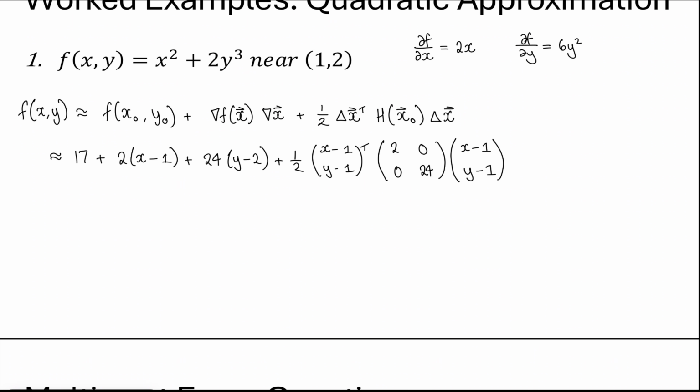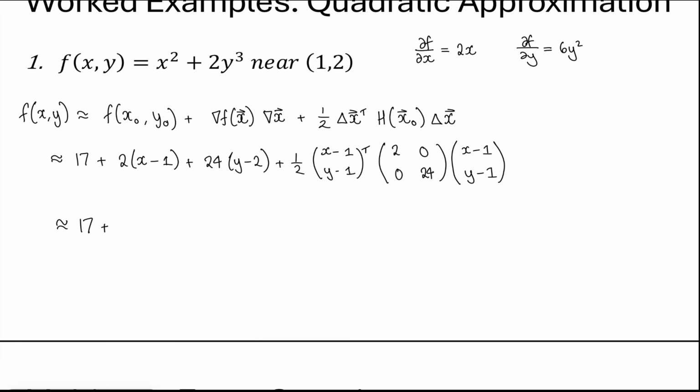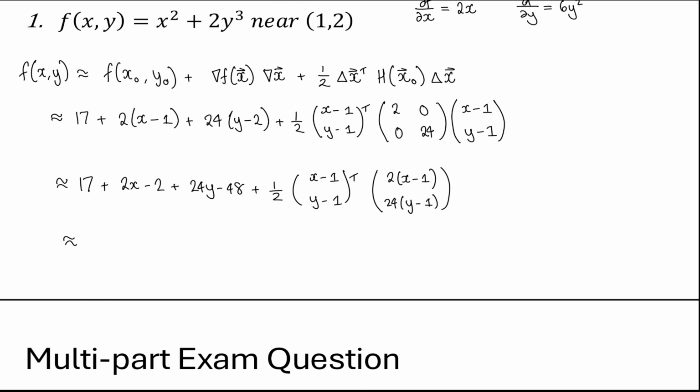So this is 24. So if we now expand everything out, we get 17 + 2x − 2 + 24y − 48 + 1/2, and then (x − 1, y − 1) transposed. And over here, we just get 2(x − 1), and then 24(y − 1). And I'm actually just going to keep it in this form.